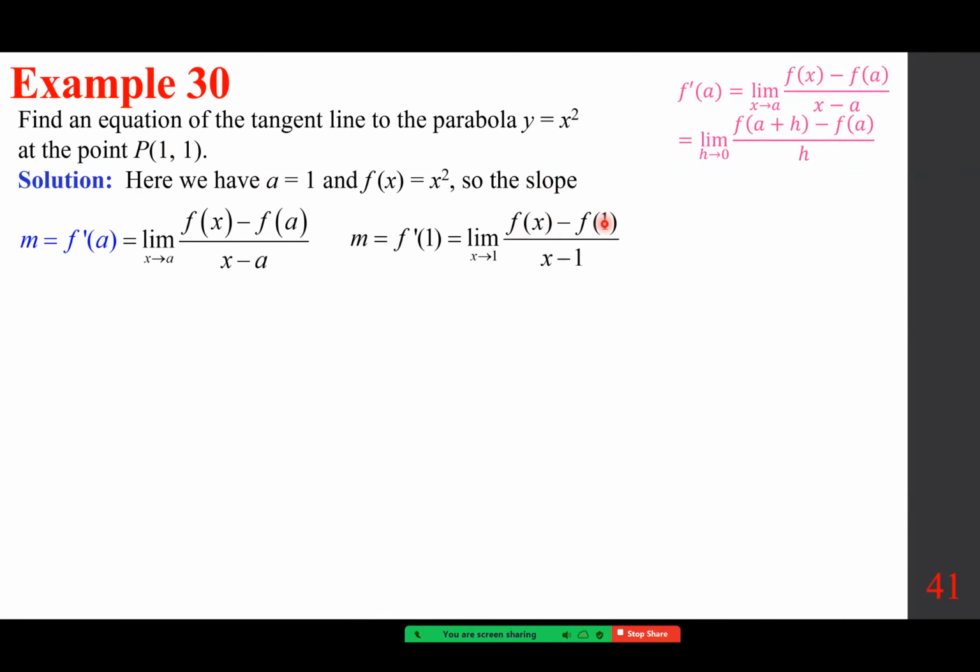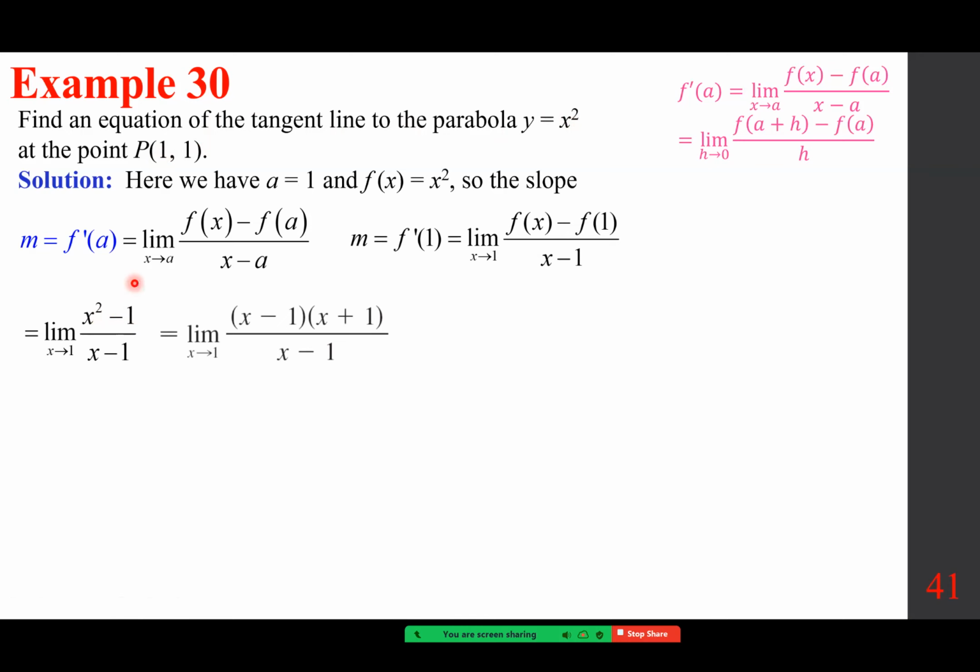As far as f of 1 is concerned, if it's given, we write it. If it's not, we plug it in and evaluate it. Just for the sake of argument, let's say x was 5, then when you plug in, you get 25. Since x is 1, y is also 1. So we write x squared minus 1. As you can see, it's a squared minus b squared, which can be factored into a minus b, a plus b, so it becomes x minus 1, x plus 1.